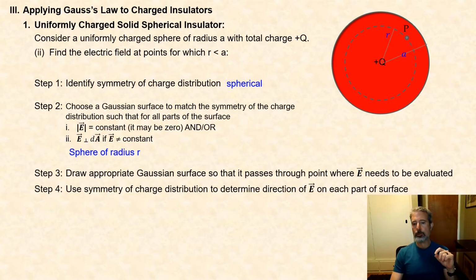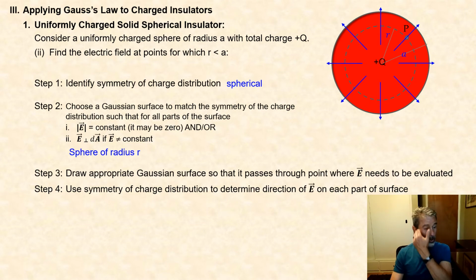We're going to use the symmetry of the charge distribution to determine the direction of each part of the surface. We're going to talk a little more about this at the end of the next slide, but for now, we know that for positive charges, the electric field is always directed away from positive charges.